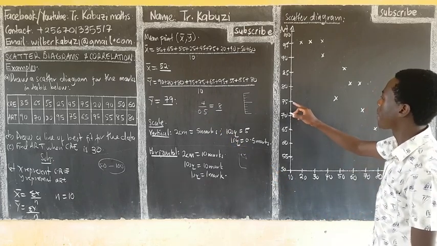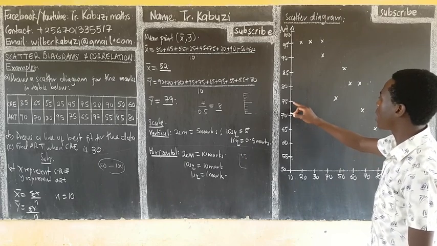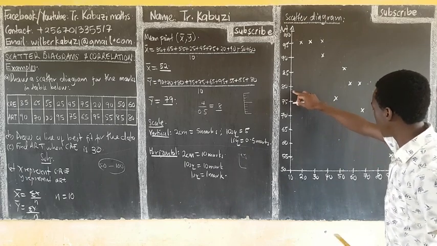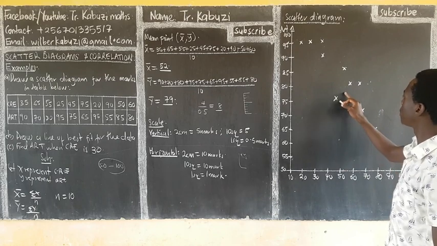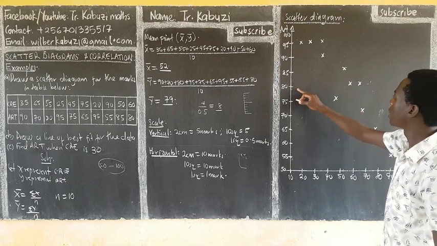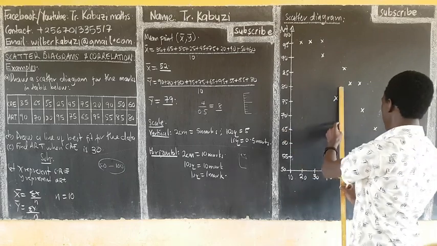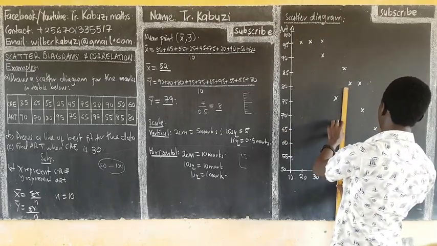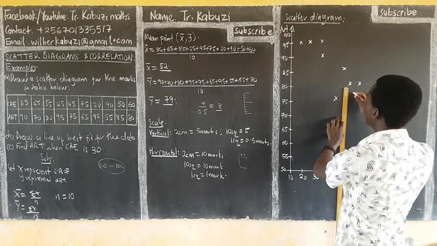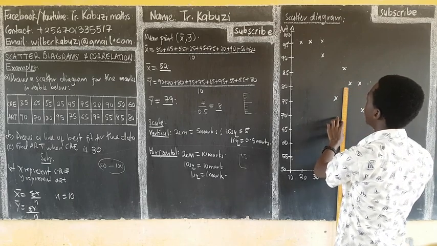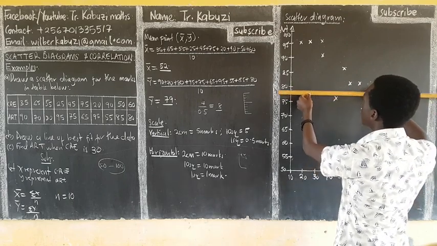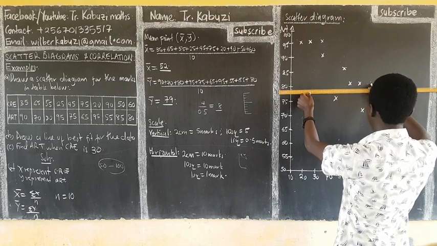So now from here, I'm going to count. This is my 79 and then 52. So they are going to meet around here. That's where they are going to meet. If I want to put it there, this one is here. And what about this one? Exactly there.